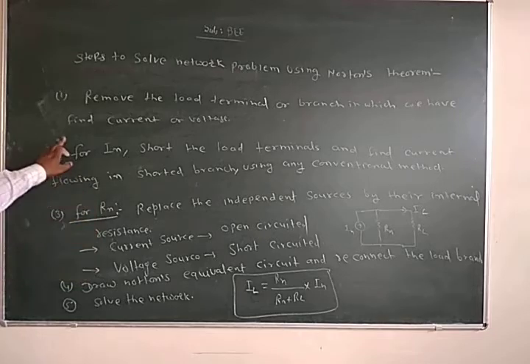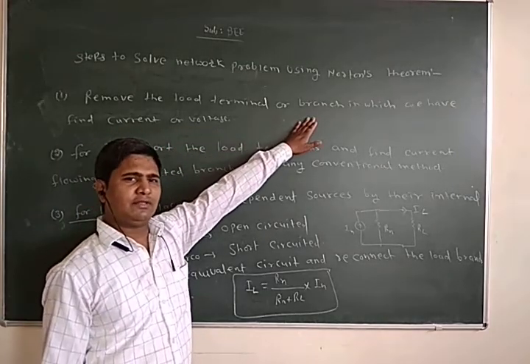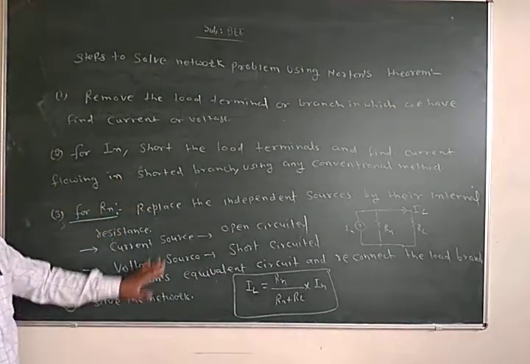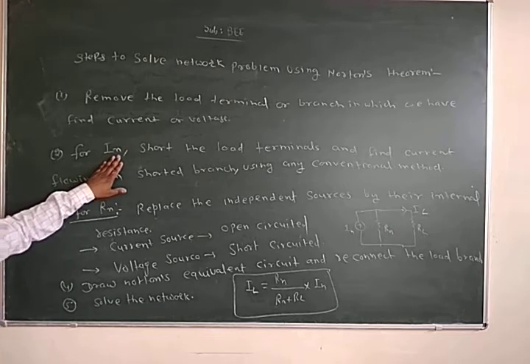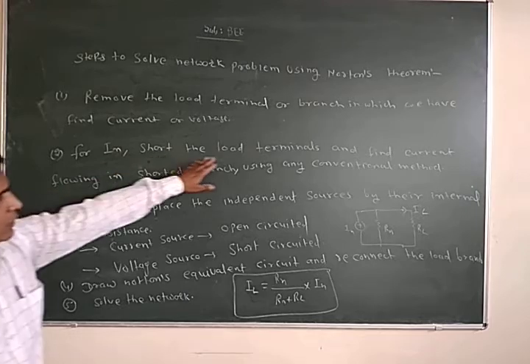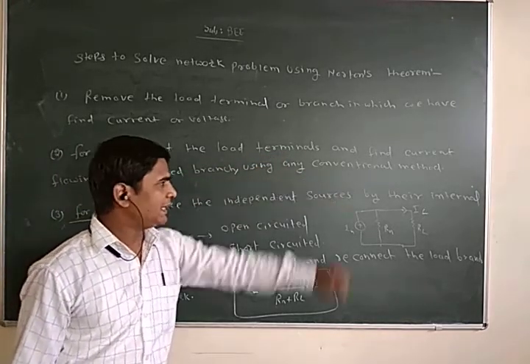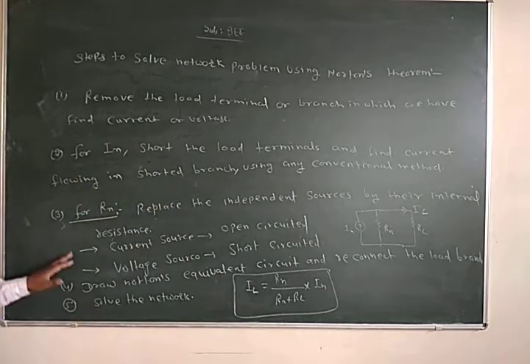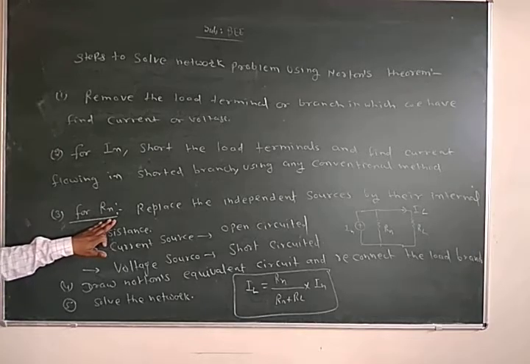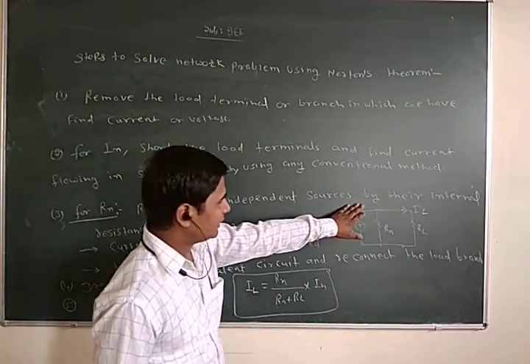So these are the steps. In the first step, we remove the load branch in which we have to find the current or voltage. After that, for the calculation of IN, Norton's current, we short the load terminals and find IN using any conventional method. Step 3 is for the calculation of RN: we replace all the independent sources by their internal resistance.